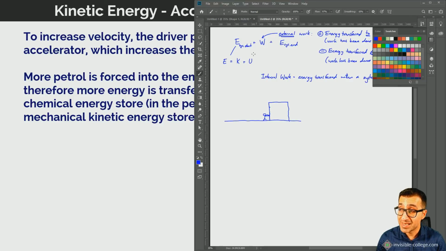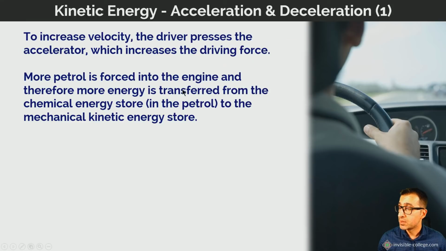If external work is negative, one or both of these will decrease. But at any given moment in time, the total energy of a system is always equal to the sum of the kinetic and the potential energies of a system. So in the car's engine, we start with chemical potential energy, and that is transferred into the kinetic energy store of the vehicle.